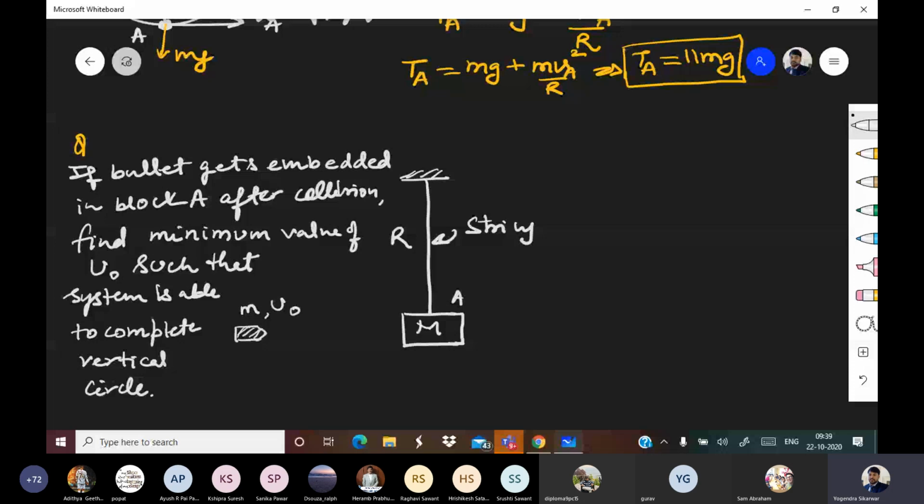There is a bullet which is moving with velocity u naught. It gets embedded in a block of mass capital M, which is hanging by a string. After it gets embedded in capital M, the whole thing completes a vertical circle. So the question is, what should be the minimum value of u naught such that the complete thing is able to complete the vertical circle? Now give me the answer quickly.